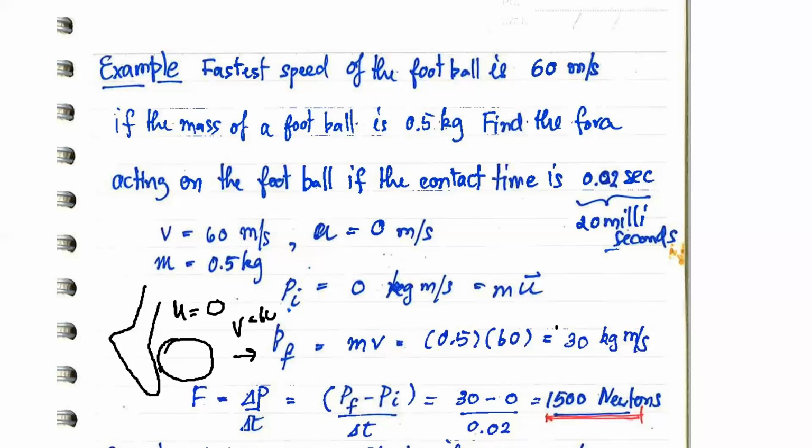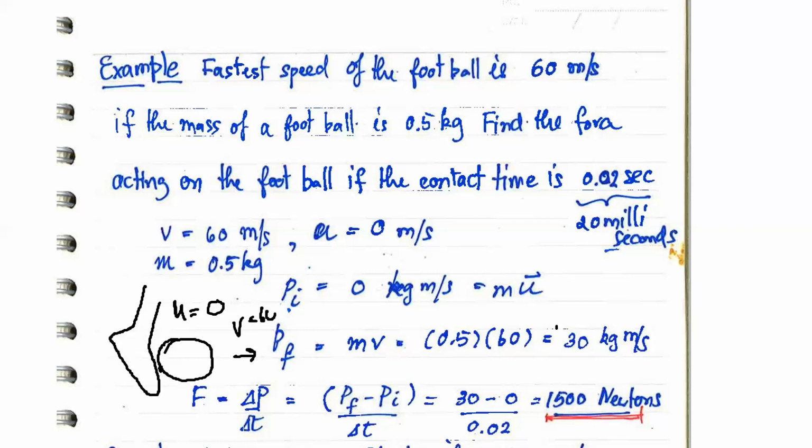So the initial momentum is 0 kilogram meters per second because we assume that the ball will start from 0. And then the final momentum will be 0.5 times 60 meters per second, and that is 30 kilogram meters per second. So the force acting on the ball is delta P over delta T.